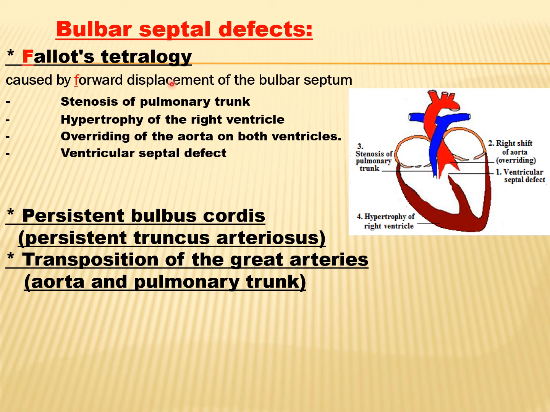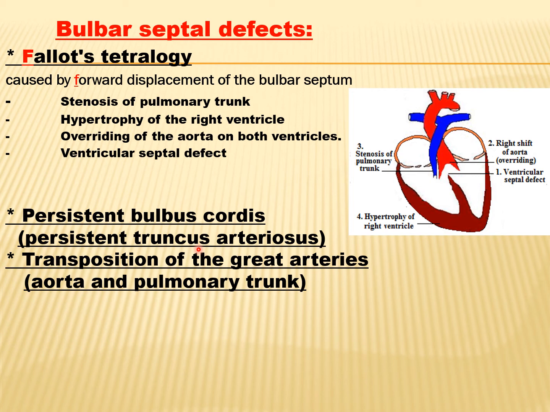Another congenital anomaly is persistent bulbus cordis, or persistent truncus arteriosus. This is due to complete failure of development of the bulbar septum.